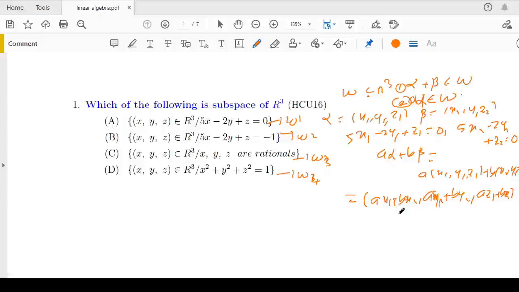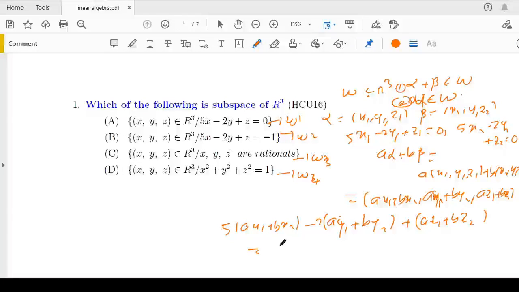Now consider whether this element belongs to W1 or not. Therefore 5 times (a x1 plus b x2) minus 2 times (a y1 plus b y2) plus (a z1 plus b z2). Taking a common, a times (5x1 minus 2y1 plus z1) plus b times (5x2 minus 2y2 plus z2).